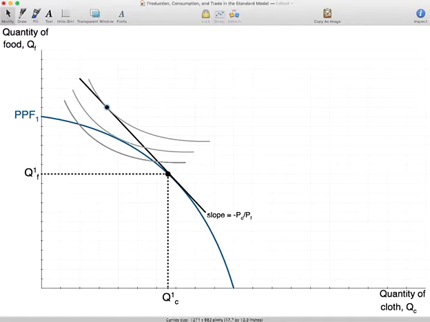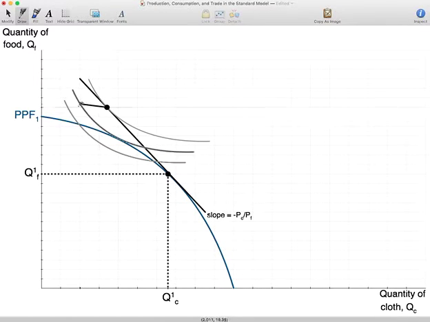Let me make it a little bit larger. There we go. That point right there is where the indifference curve that is furthest from the origin is still tangent to the ISO value line, or as I refer to it, the price line. So this will give us the level of consumption after trade.